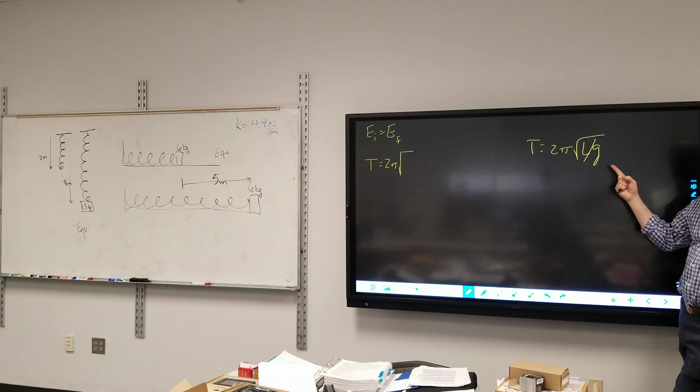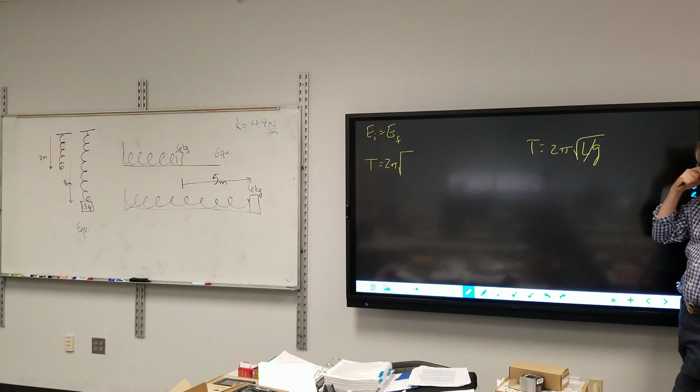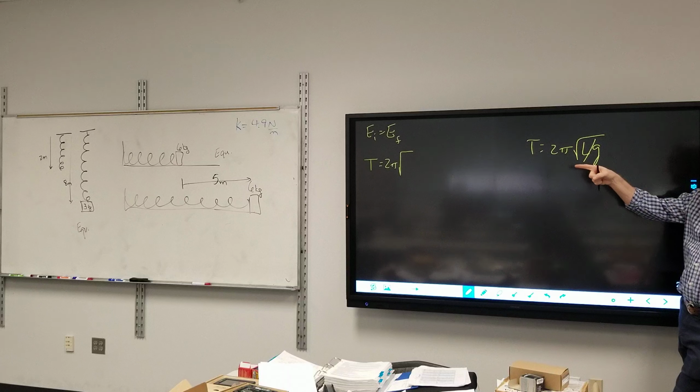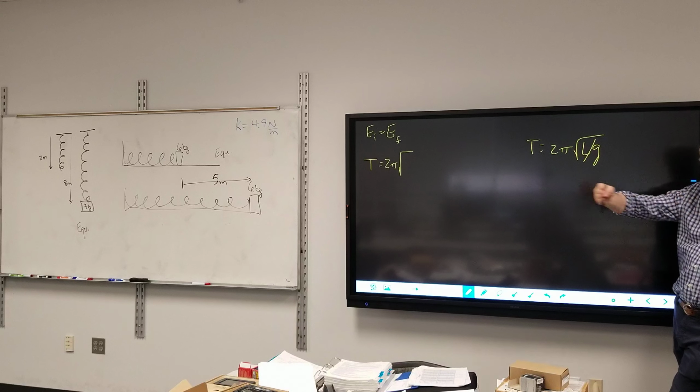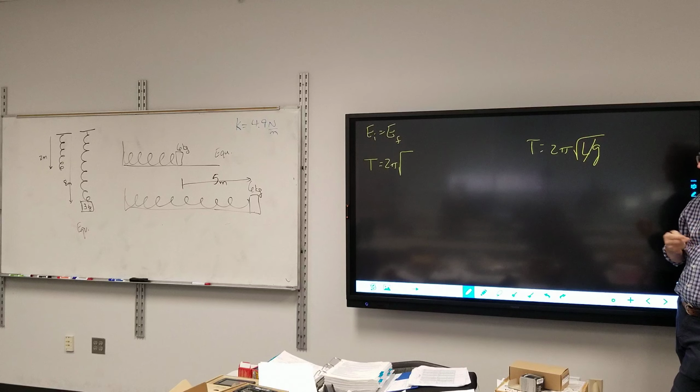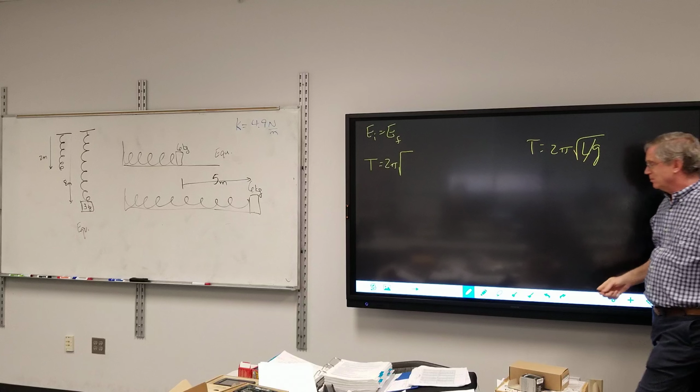When do you use this formula? For timing stuff? Oh, is it the pendulum? Yes, it's the simple pendulum formula. If this is on a horizontal frictionless surface, the thing's oscillating back and forth like this, the acceleration due to gravity is irrelevant. Okay. So, yeah, this is for the simple pendulum.